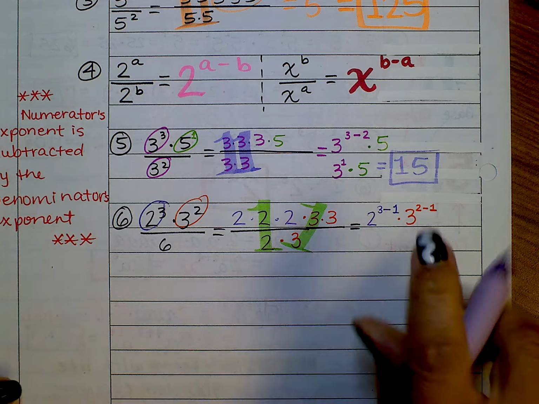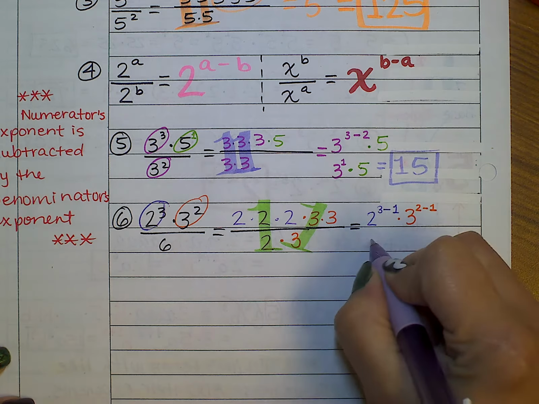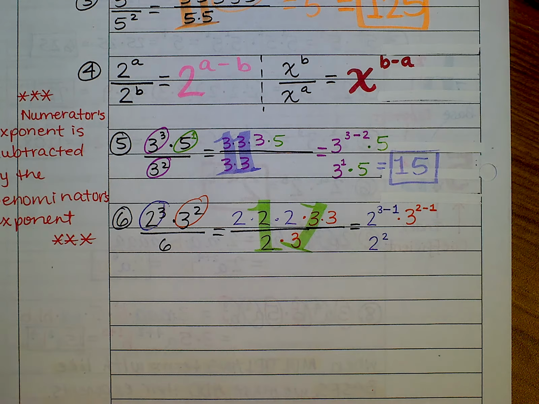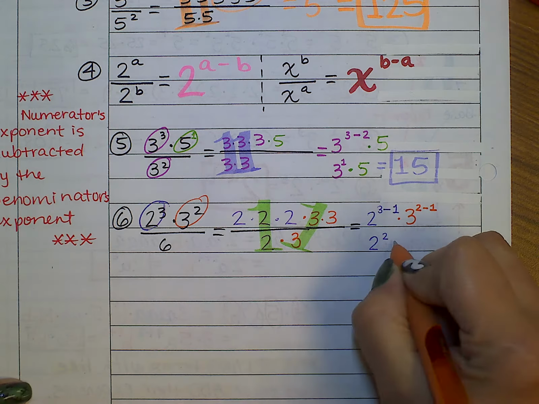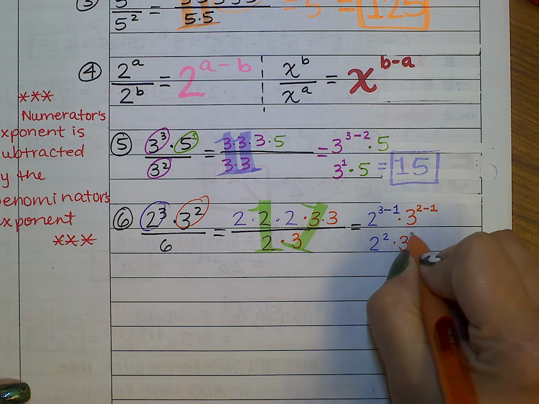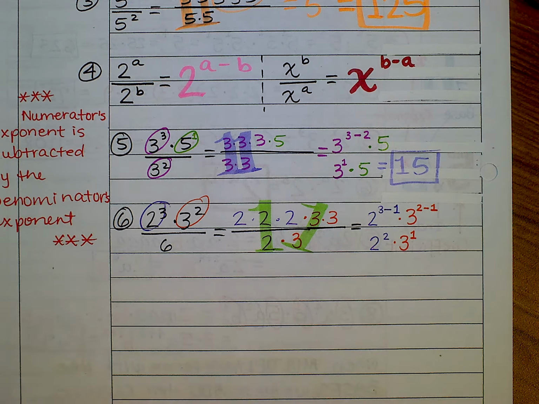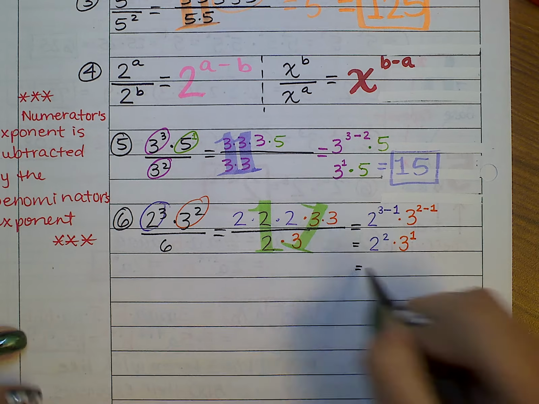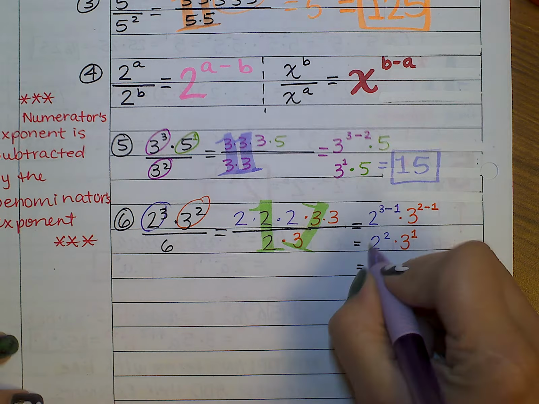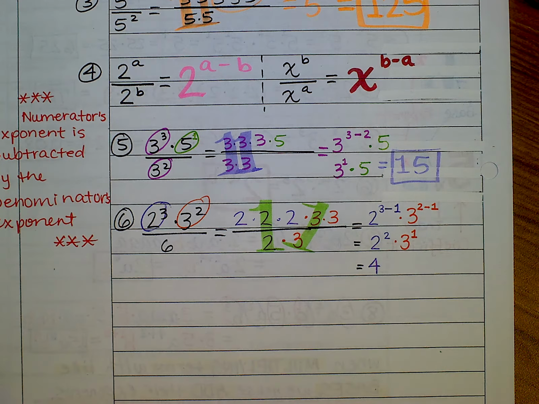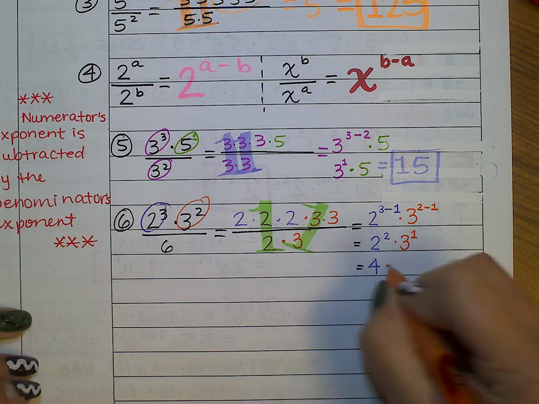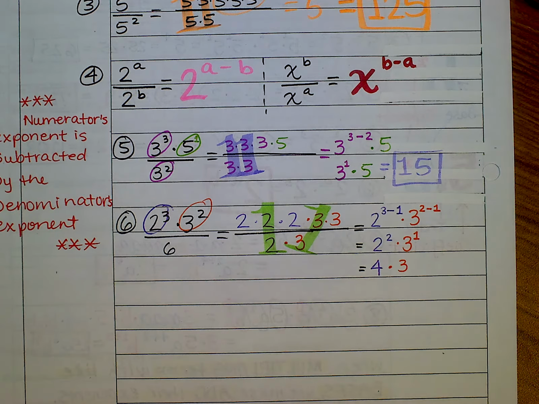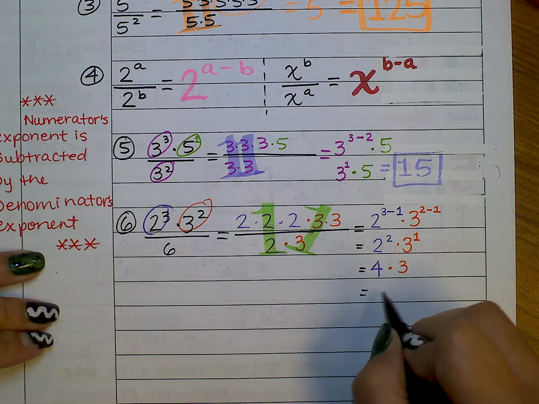And of course, 3 minus 1, that's going to give me 2 squared. And then times 3 to the first power. That would leave me with, well, 4 times 3 is 12.